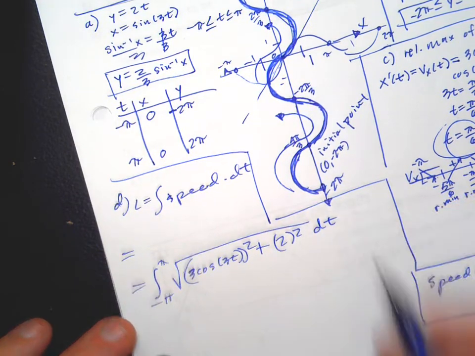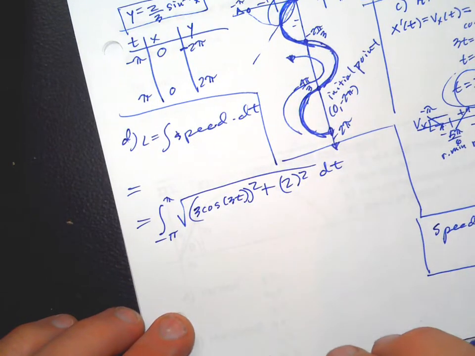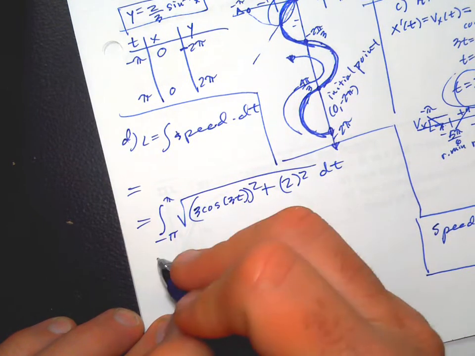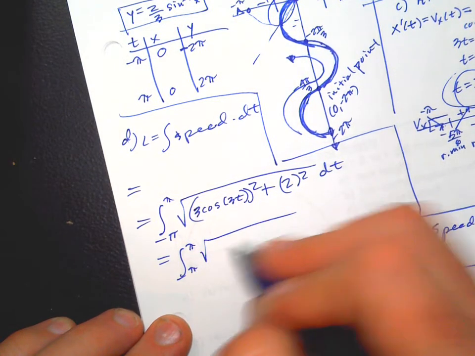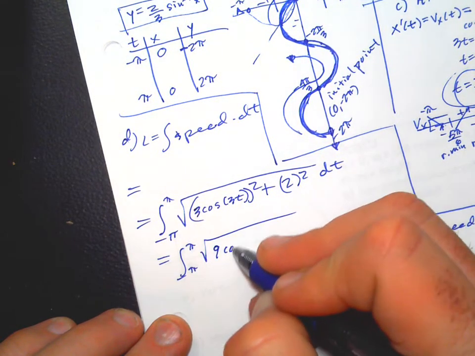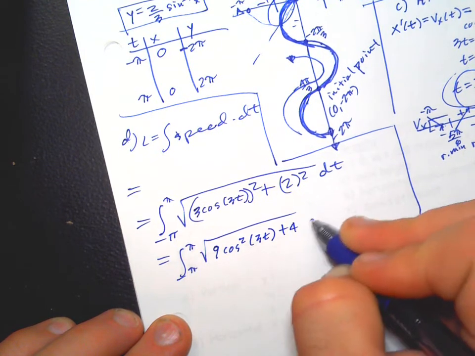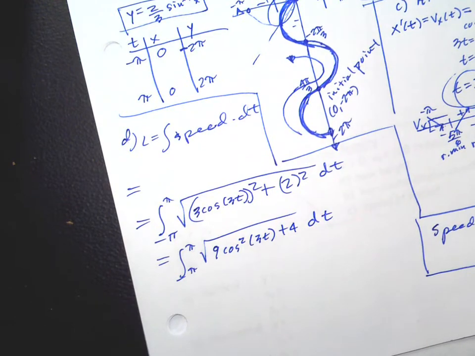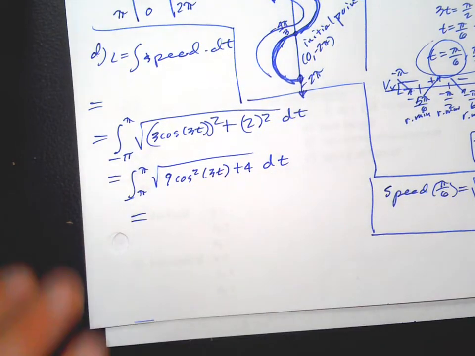So this is how we would usually calculate this. So it's going to be 9 cosine squared 3t plus 4. Now, I don't think I can do this by hand. So I'm going to go ahead and use a calculator at this point.